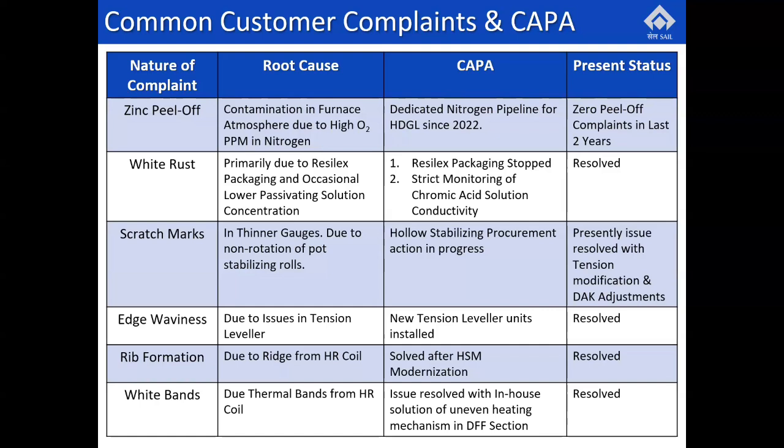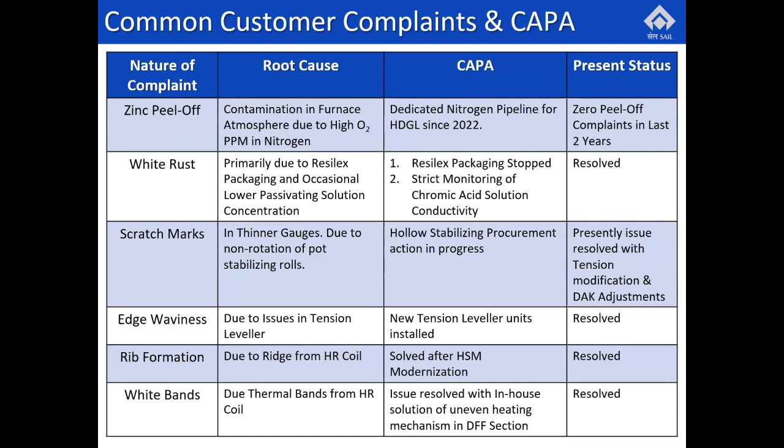What happens is, after the recoiling is done at the exit of the hot strip mill, the center of the coil and the edges of the coil lose heat at a different rate. This forms a thermal band in our input coil. So even if we heat it evenly across the width, these bands sometimes reappear after galvanizing. It is perfectly well galvanized, but it would have a shade difference.